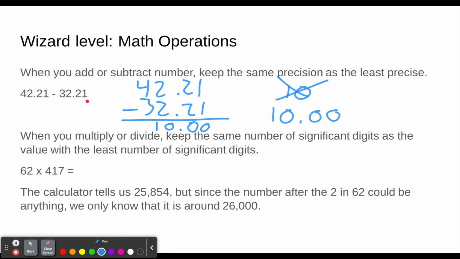We knew the hundredths place here, we knew the hundredths place here, so we have to keep the hundredths place, even if it's a 0. Remember, zeros aren't any less important than any other numbers. We've got to let the person reading our data know that all of those digits are significant. With that information, you'll be able to finish the wizard level, but listen for just a moment longer and we'll talk about multiplying and dividing.